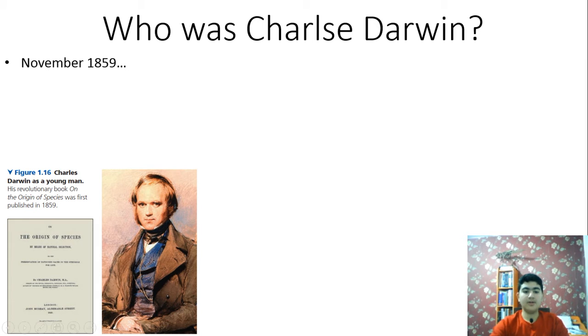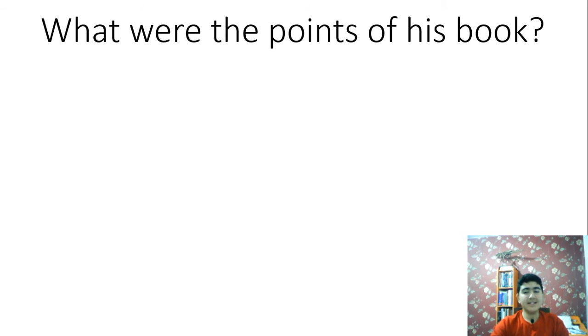His book, The Origin of Species, insisted mainly on 2 points. The first point was that contemporary species arose from a succession of ancestors that differed from them, which Darwin called descent with modification.